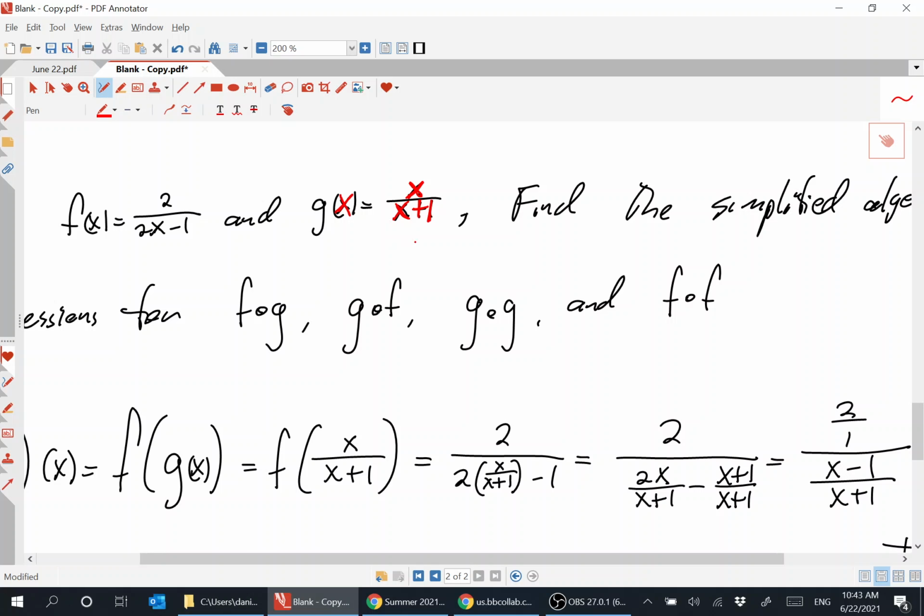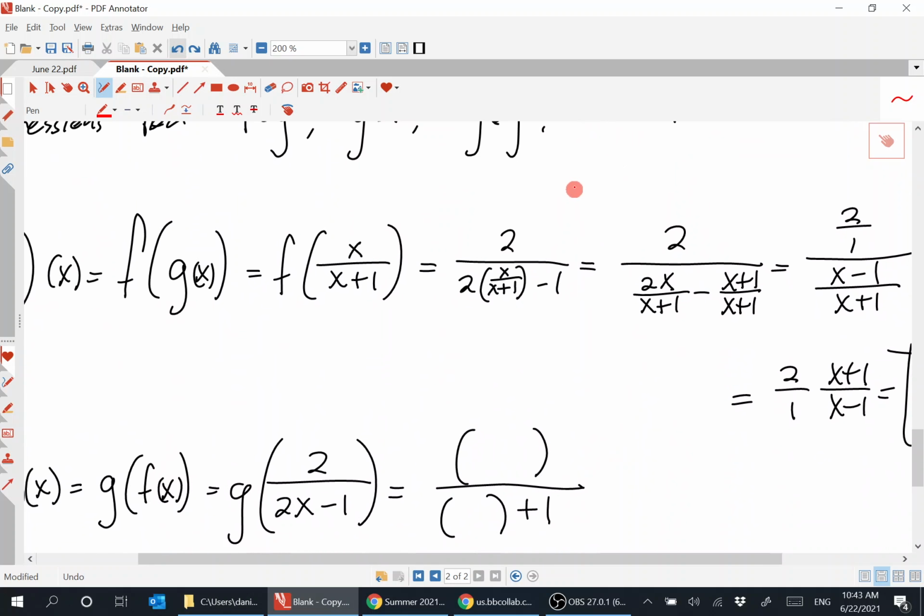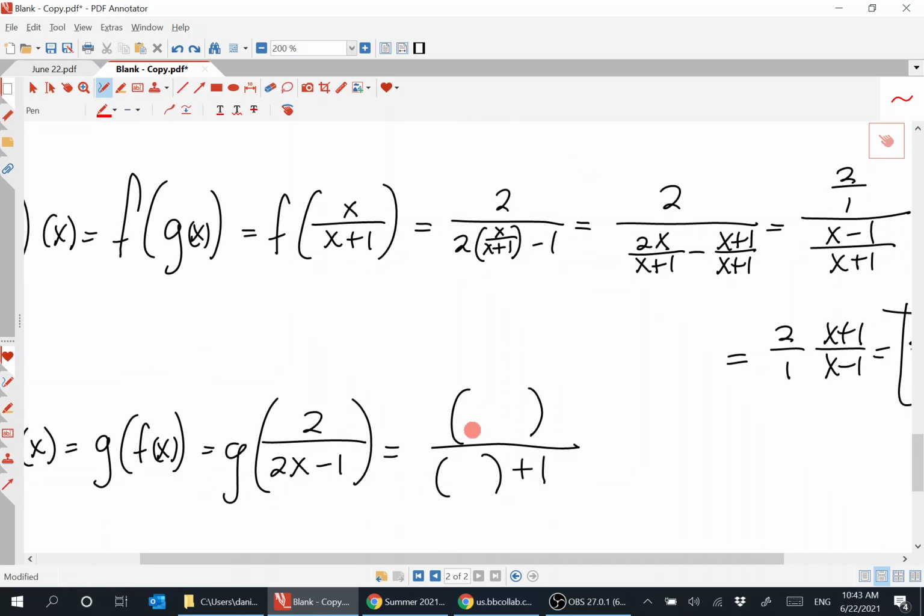So I have two instances of x. So g of blank is blank over blank plus 1. So what goes in the blank is whatever I've got here.